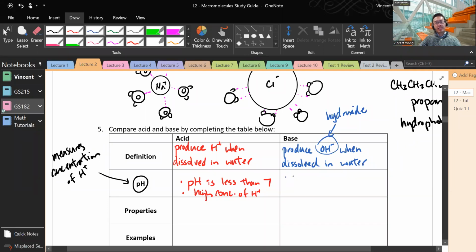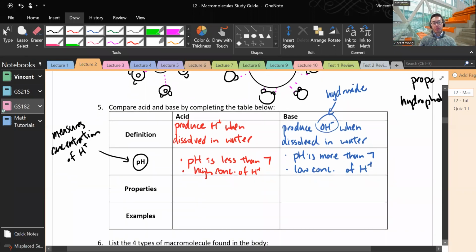Whereas for base, it is going to have a pH more than 7, and it has a low concentration of H plus. And if it's right in the middle, at 7, then it's going to be neutral. Pure water is neutral.